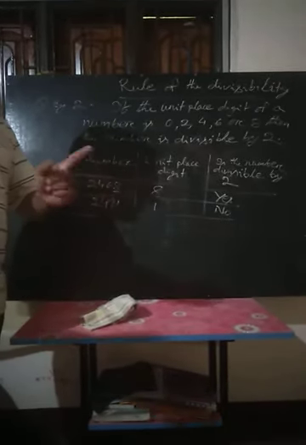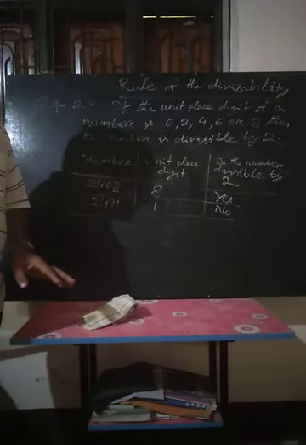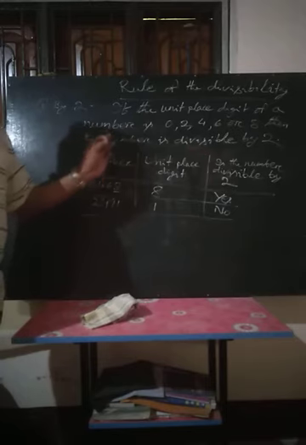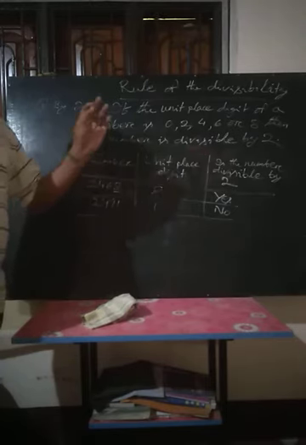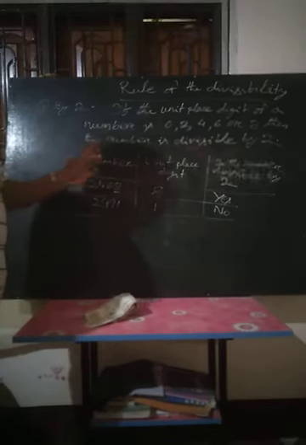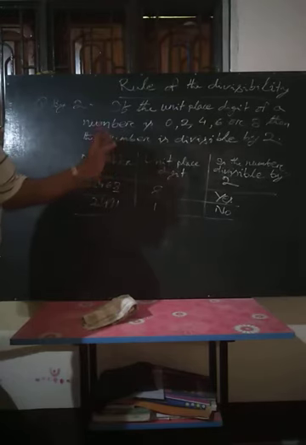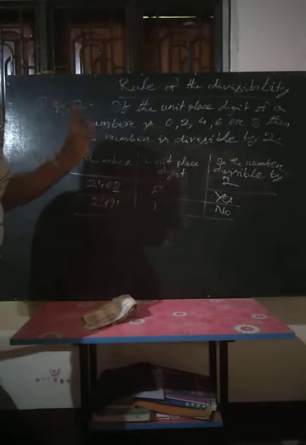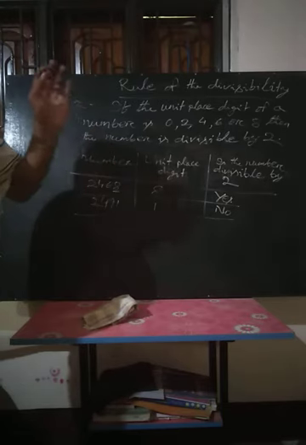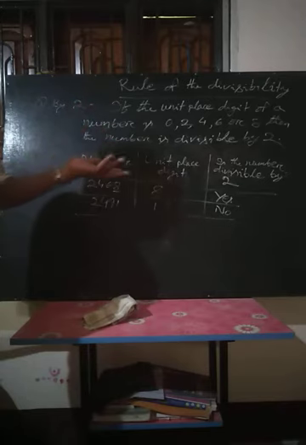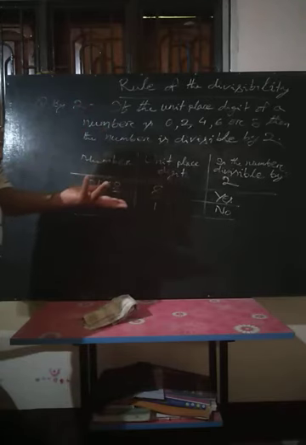But if only one number is given and you are asked which numbers out of them are divisible by 2, then you will have to only look at that number and its unit place. If the unit place digit is 0, 2, 4, 6 or 8, then it is divisible by 2.